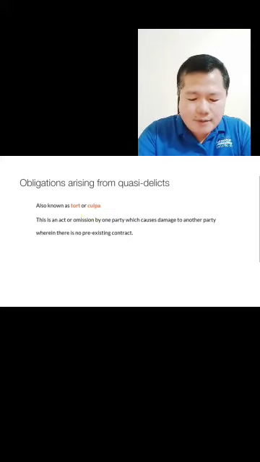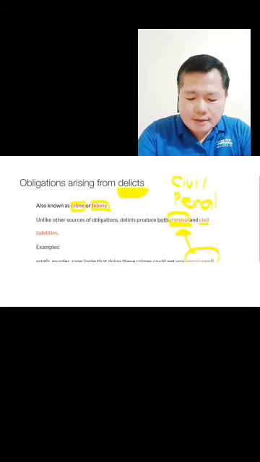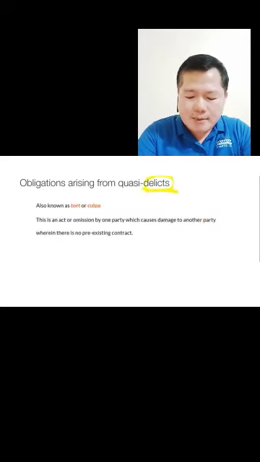Here we have the last source of obligations: obligations arising from quasi-delicts. So here, the root word is delict. But it's not the same as delict, because delict, iba yun, because there is criminal liability.